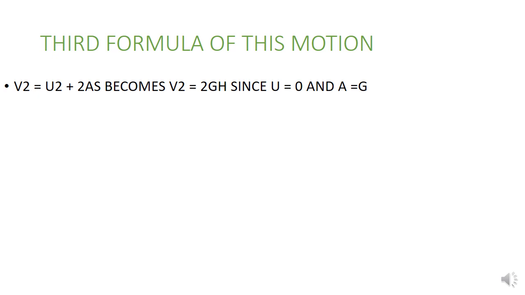And the third formula of this motion is v² = u² + 2as, which is transformed. And it is transformed because remember, u is equal to 0. So since u is equal to 0, v squared becomes 2gh. And here, remember, s is height.